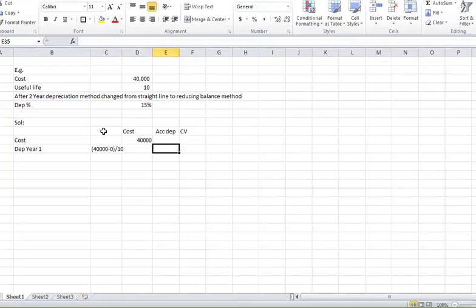So in this way, we will be able to calculate depreciation. So we have depreciation of 4,000 pounds.